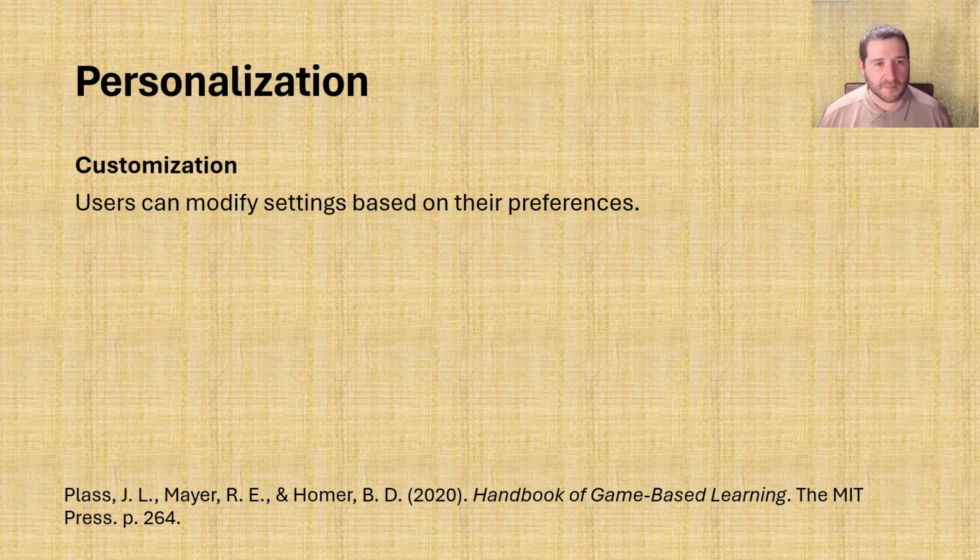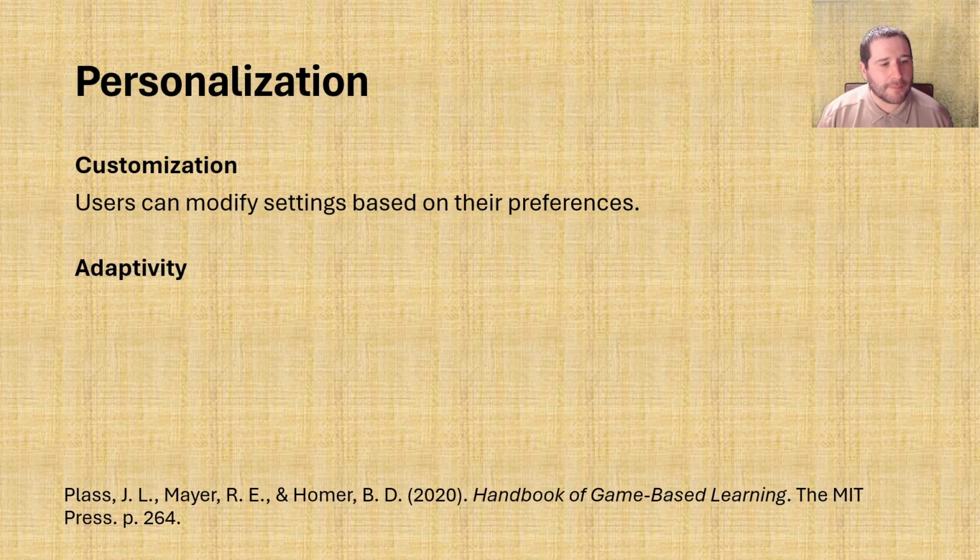This is the settings menu when you log into a new game, right? You get to choose the difficulty, how many players, what outfit your character is wearing. All sorts of things can be customized in these different games. But customization is when the user gets to make the choice based on their own personal preferences.